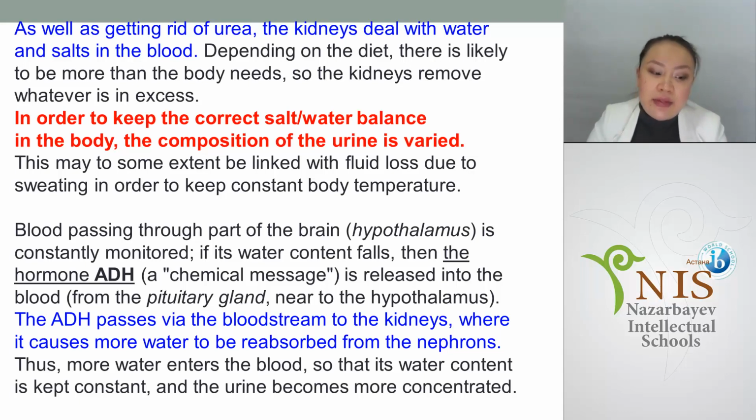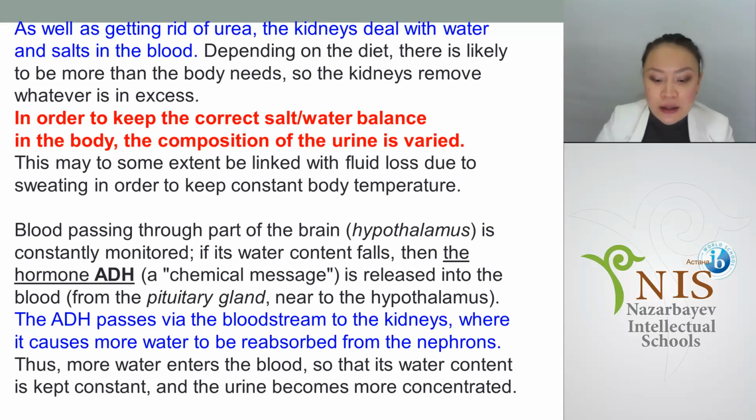If its water content falls, then the hormone ADH is released into the blood from the pituitary gland near to the hypothalamus. The ADH passes via the bloodstream to the kidneys, where it causes more water to be reabsorbed from the nephrons.